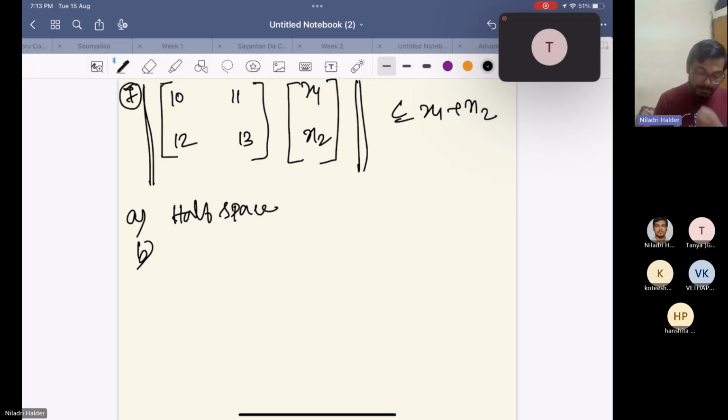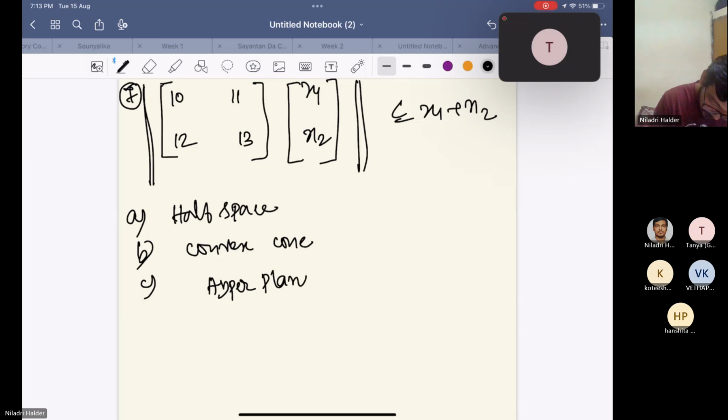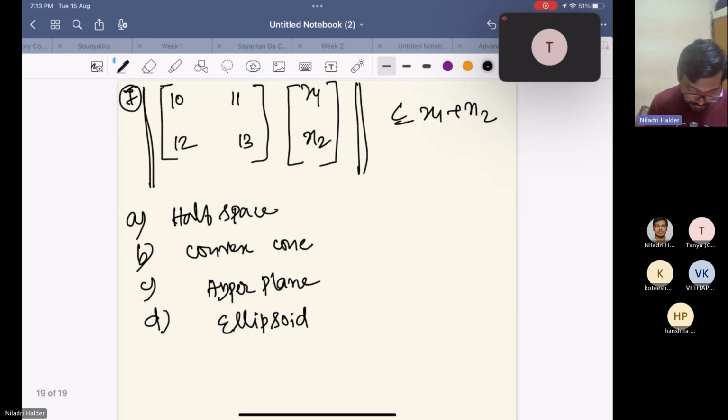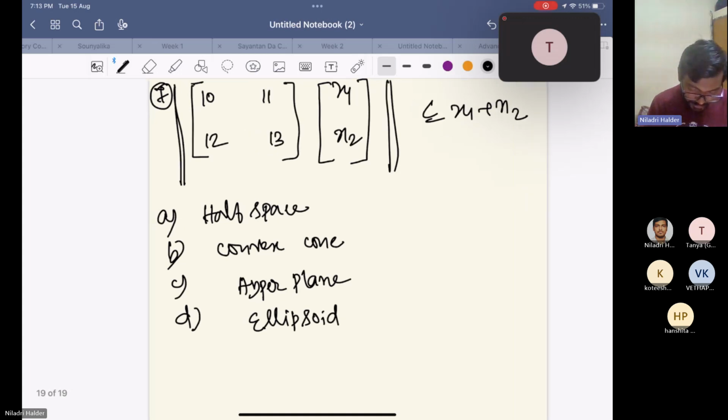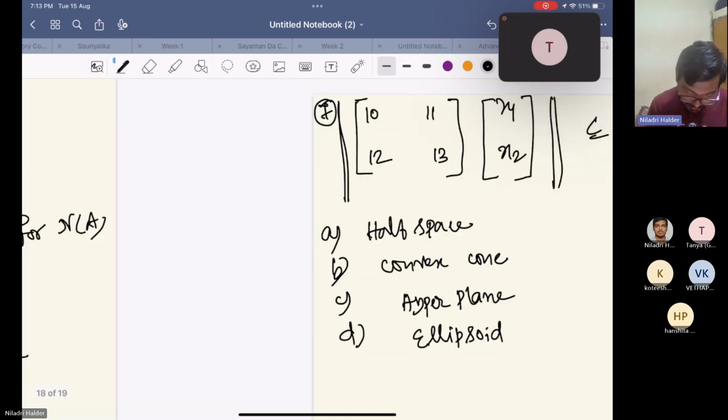So then, okay, the second option is convex cone. C is hyperplane, D is ellipsoid. We have the definitions of all these: half space, convex cone, hyperplane also.